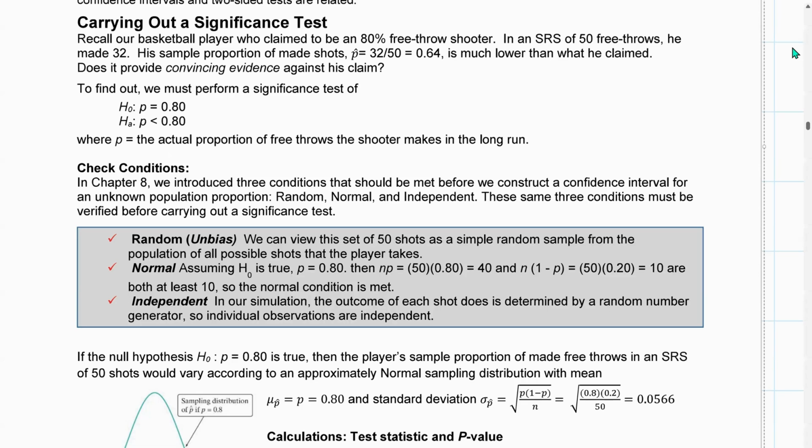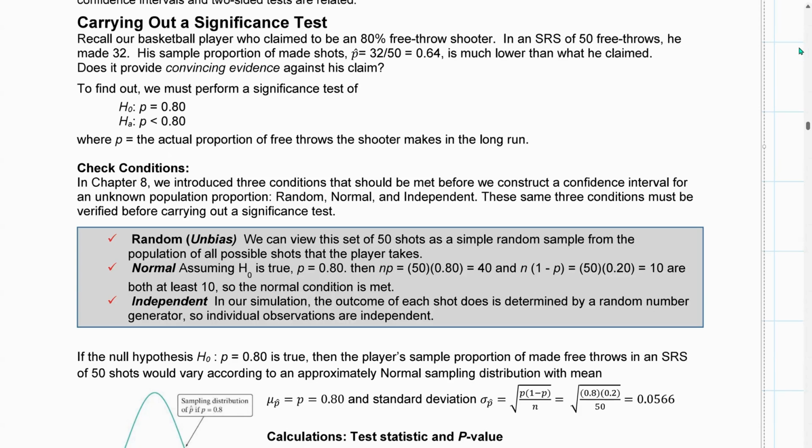We talked in the confidence interval chapter about checking conditions to make sure they are met. In this case, we still have the same three conditions. Condition number one, the sample is random, which leads to unbiased sampling. The second condition we check is normal.